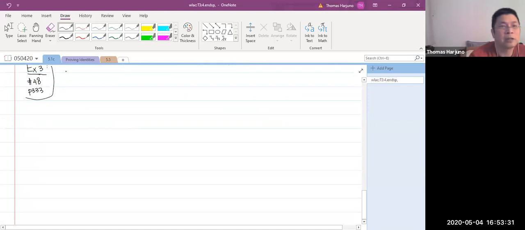They give us that the radius is equal to 9 inches, and we have 2,400 RPM. Now RPM stands for revolutions per minute.